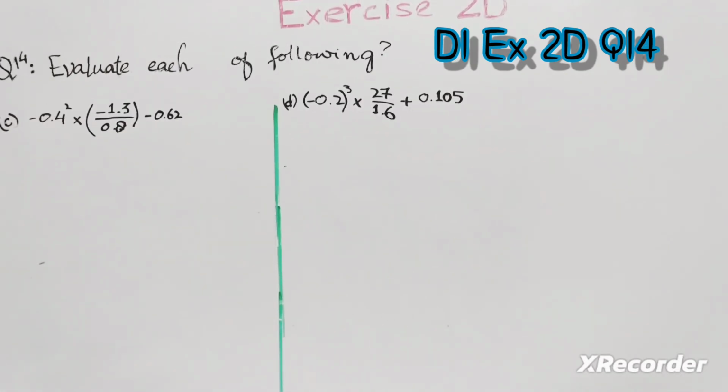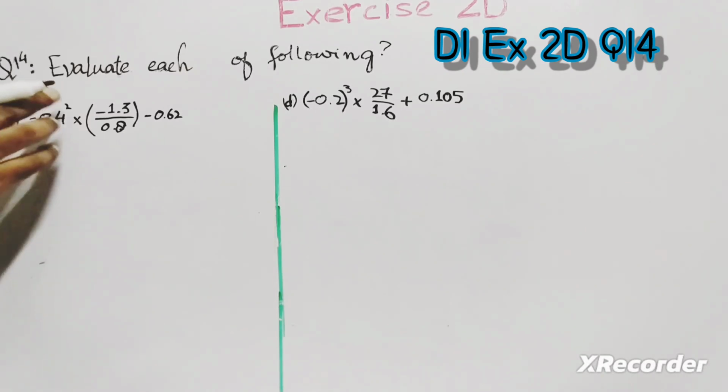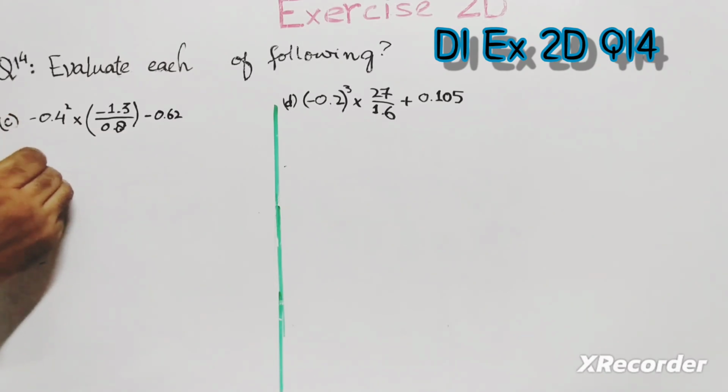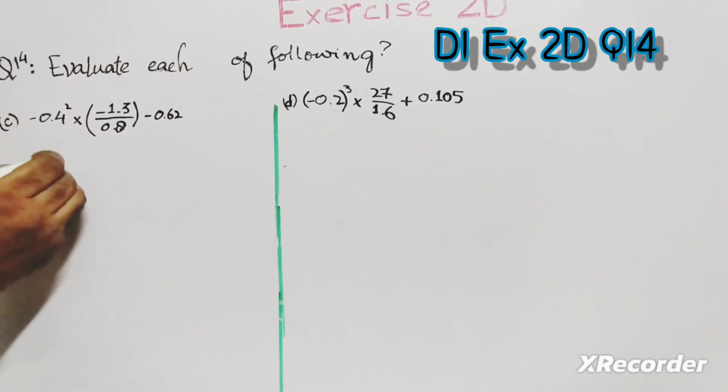Now moving forward to part C. 0.4 square. So 0.4 squared is 0.16.